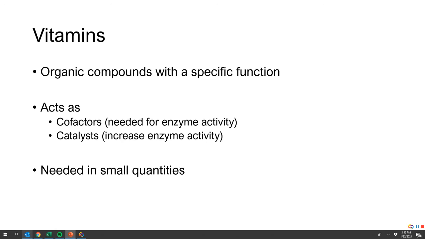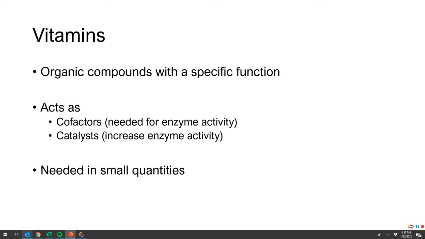So we talked about the formation of ATP, and how we go through all these steps. We've got these enzymes that make it easier for these reactions to occur. Now, with vitamins, we called them micronutrients because we only need very small amounts.